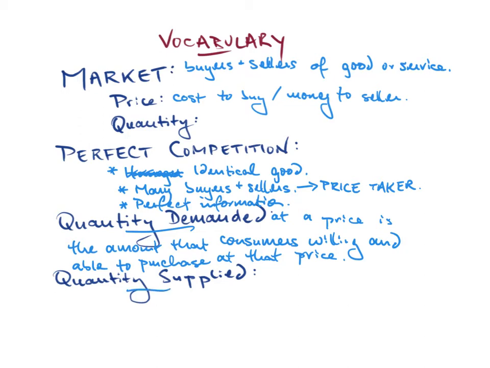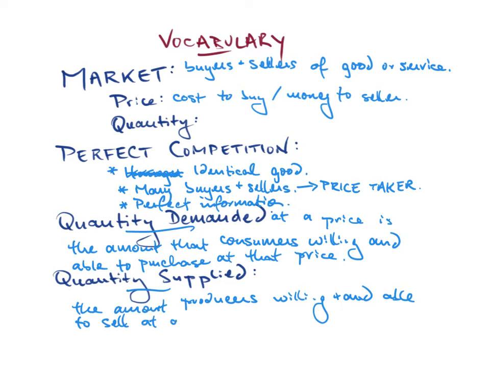Quantity supplied is really the same thing for the seller side of the market, the amount that producers are willing and able to produce or sell at a price.